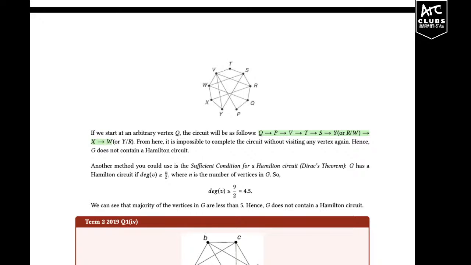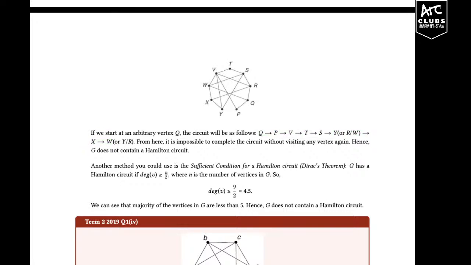You can go to either W or R. If I chose W, I would be stuck because from here there is no edge that links W to my last vertex R. That means that I would have to visit another vertex again if I wanted to include my very last vertex and end up at the vertex that I started at to complete my circuit.